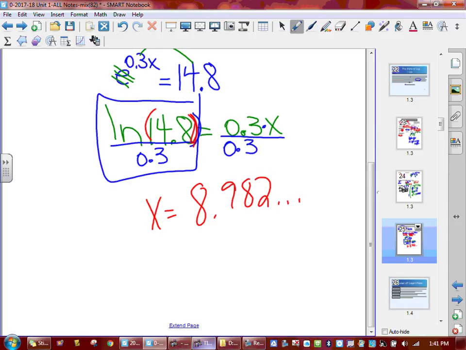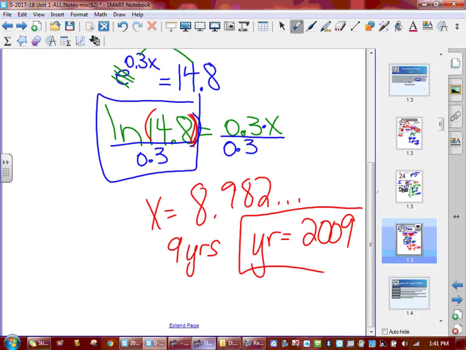So that means what year did they spend all that money? In the year 2009. So you're going to take the year 2000 plus the 9 years. Okay? So the year they spent it all in was 2009. Okay? 2009. This concludes lesson 1.3 on natural log.